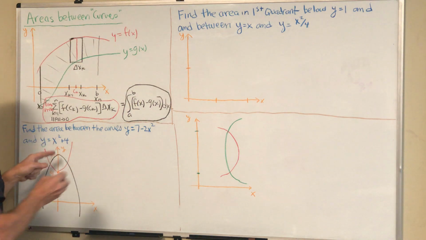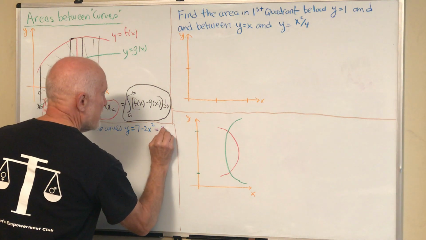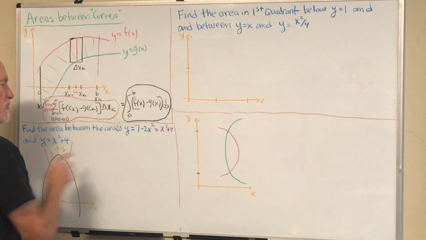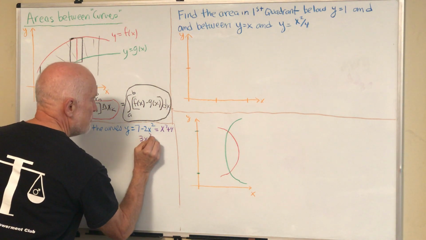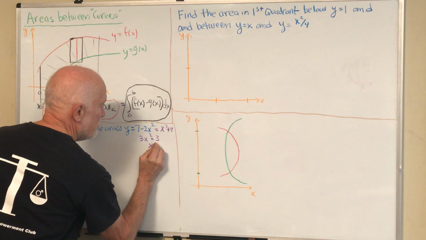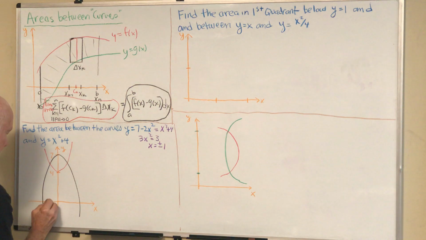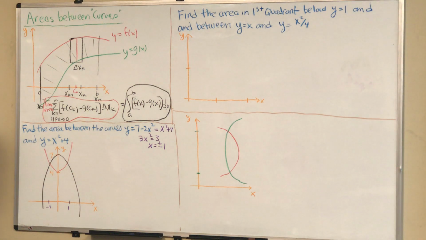So I'm going to set x squared plus 4 equal to this other downward-shaped parabola, and I get 3x squared equals 3, or x equals plus or minus 1. So we can see they intersect here at -1 and at +1.